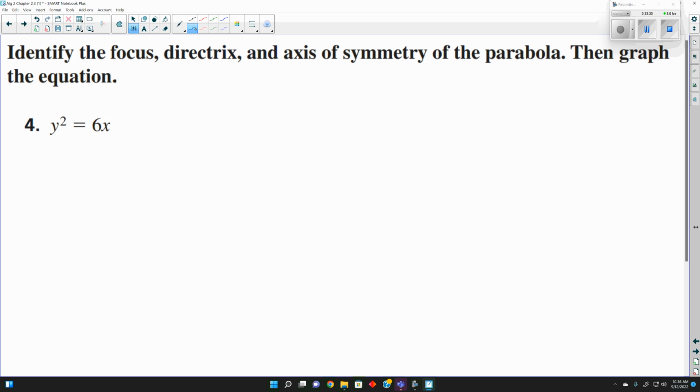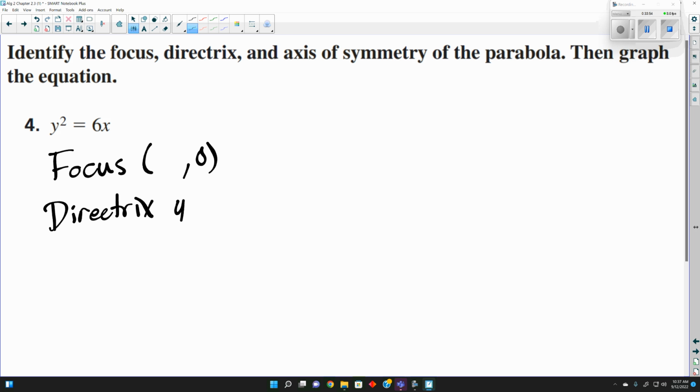So, looking at this one here, which one is squared? So the y squared, yes? So the focus is going to be the point p, comma, 0. At this point, we don't have to write p anymore. We know that we're solving for that and plugging it back in. The directrix is going to be the equation y is equal to negative p.